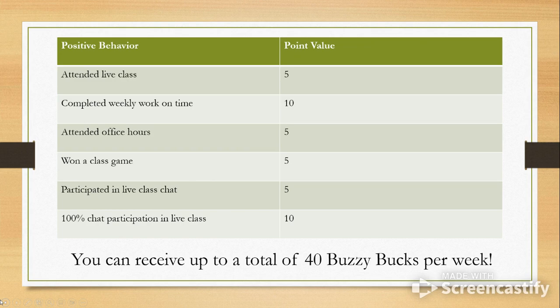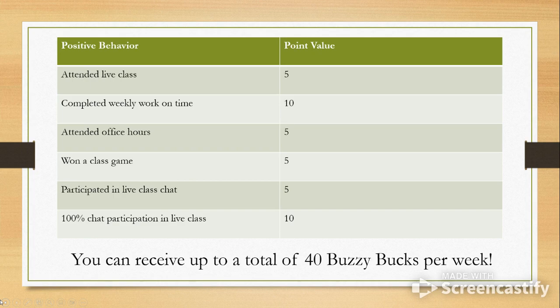It's going to have a little pie chart looking thing, and it's only going to have 20% active participation in live class. Now, let's say we have 10 people in class and 10 people are actively participating. That should be 100% chat participation in live class, and everyone in live class will get 10 Buzzy Buck points. So that's a big one.